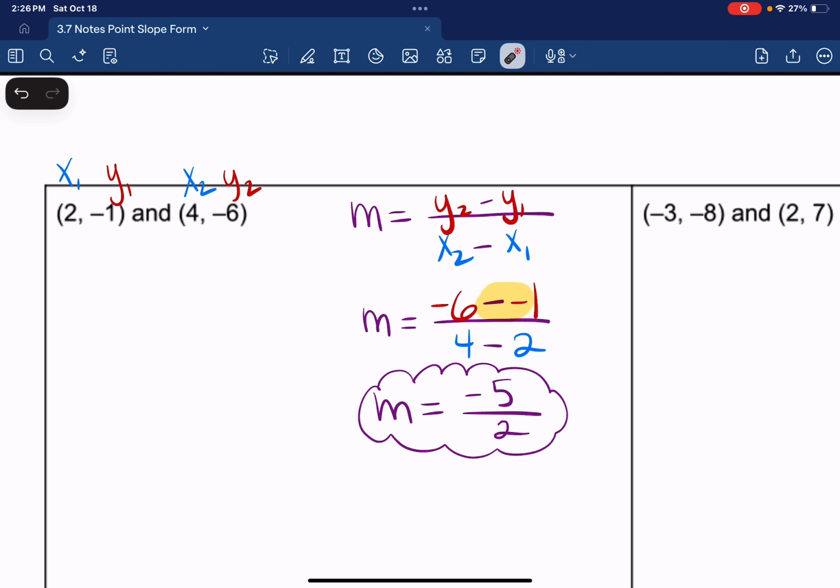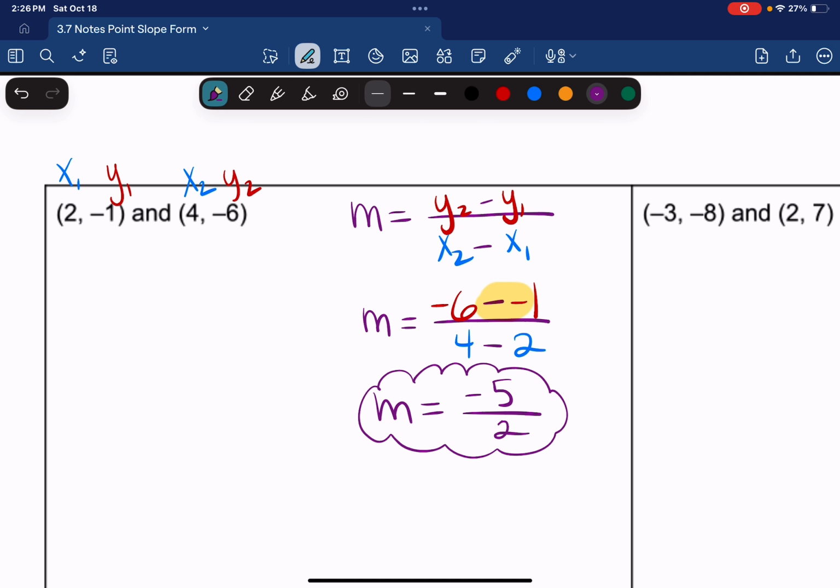Now, we can use either of these points to write our equation, but because we already labeled our first point x1, y1, we'll just go ahead and use that point to cut down on any confusion. So we've got y minus y1 is equal to our slope times x minus x1. And we can just sub in our values now.